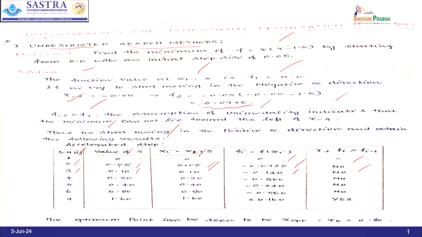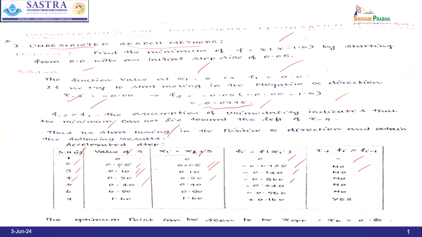Check fi and fi-1, no possibilities, therefore no. Similarly, go to i = 4 and the value of s = 0.20, add with xi, so xi = 0.20, and substitute in fi, that is f(0.20) is -0.260, and fi is not greater than fi-1, so no.